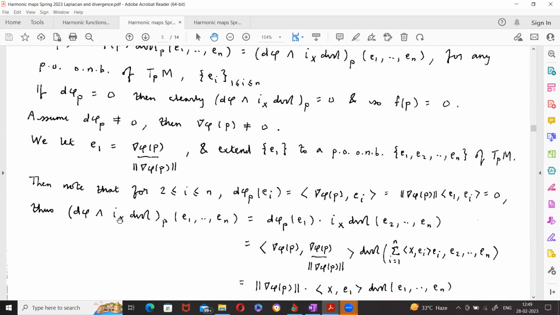So what happens when I apply Ix dvol to a permutation of E2 to En? Remember that in the alt map, there was also a sign of the permutation, and this Ix dvol is alternating. So the sign of the permutation times Ix dvol applied to that permutation will be just equal to Ix dvol applied to E2 to En, because Ix dvol is already alternating.